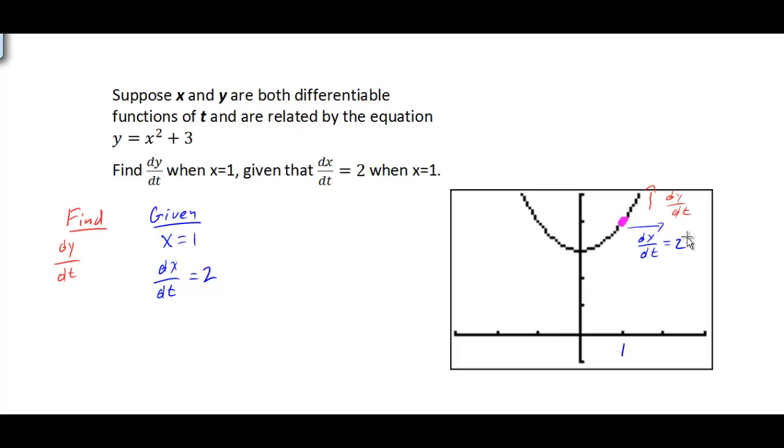So make a guess if it's going to be the same, greater than 2, or less than 2. Once we calculate this, you can determine if you were correct or not. So we've listed what's given: x is 1, dx dt is 2, and we want to find dy dt.